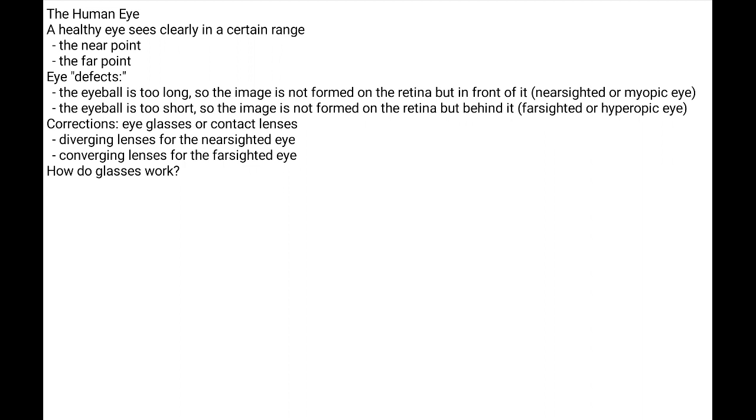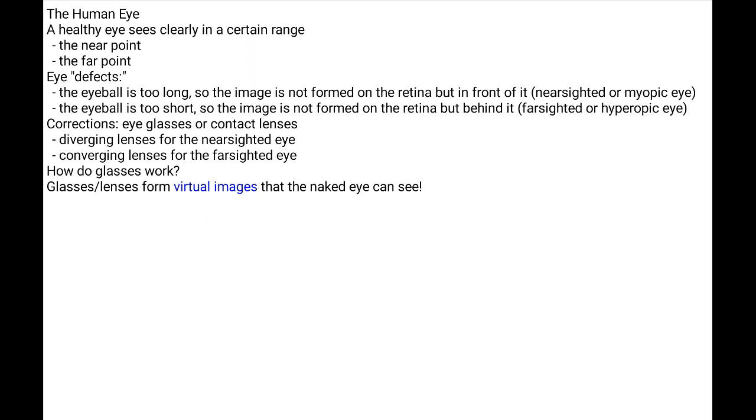So how do these glasses really work? Glasses or lenses form virtual images that the naked eye can see. So the principle that we're using here is that we have to deal with multiple lenses, multiple optical instruments. And remember that the object will pass through the first lens, and that lens will form an image.